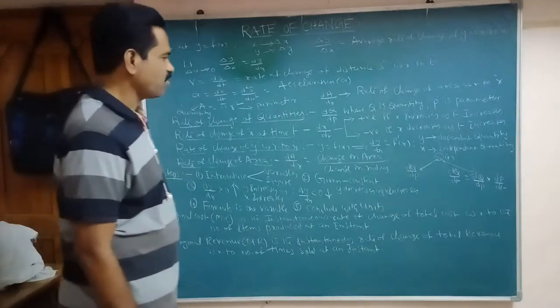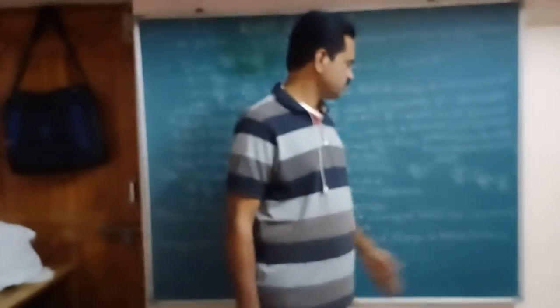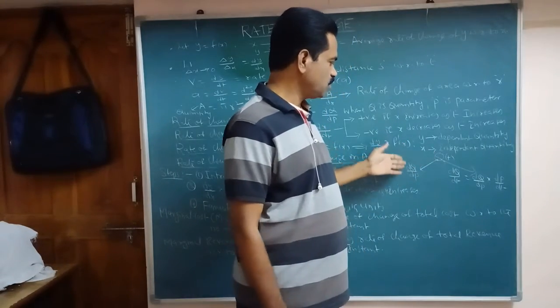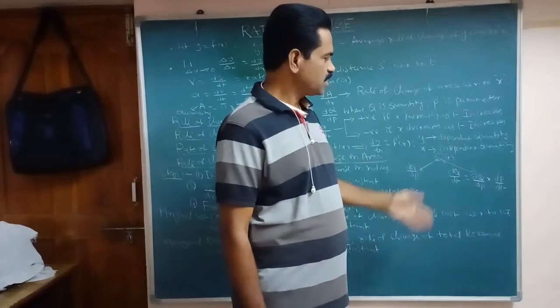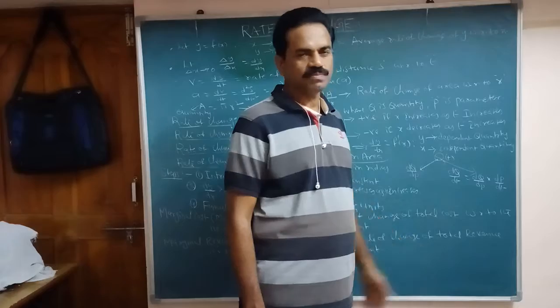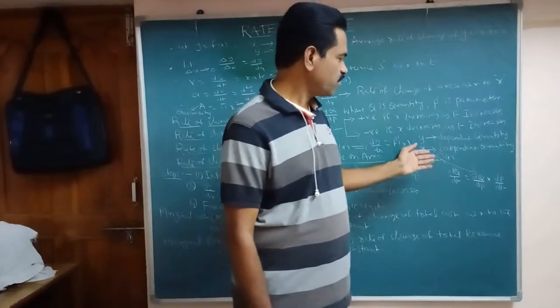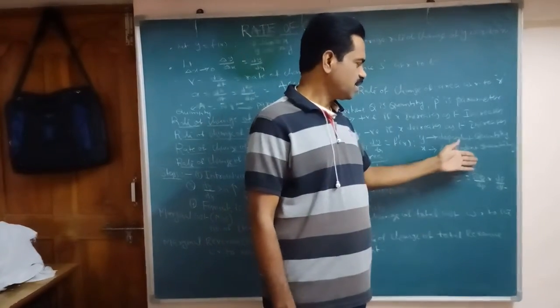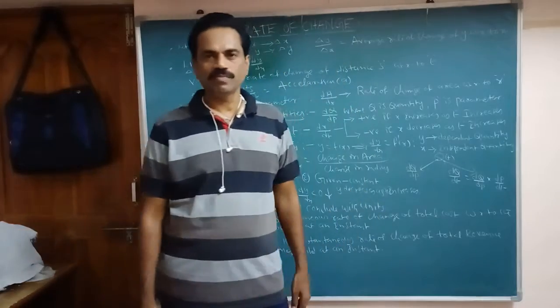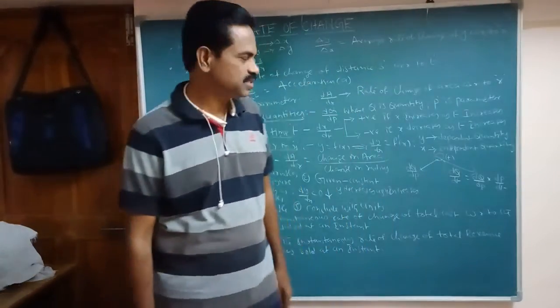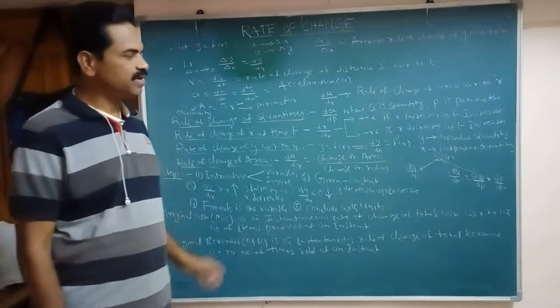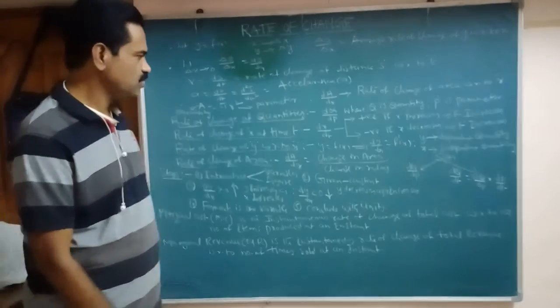Suppose the quantity Q, we can do it in two parts: the rate of change of quantity with respect to the parameter p, into the rate of change of parameter with respect to t. So that is how we can do it.